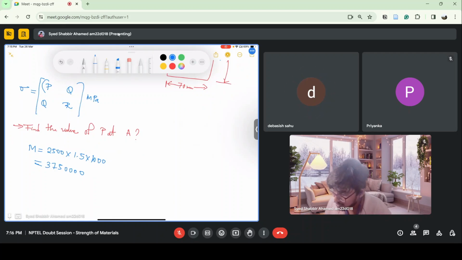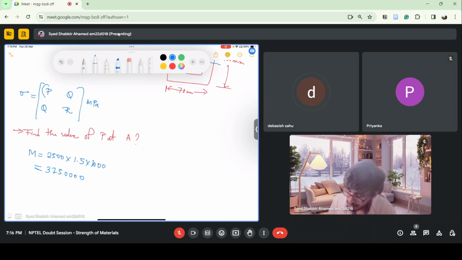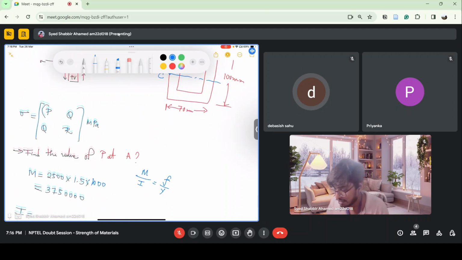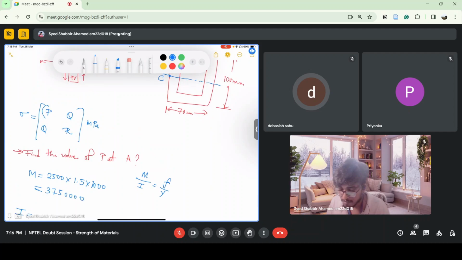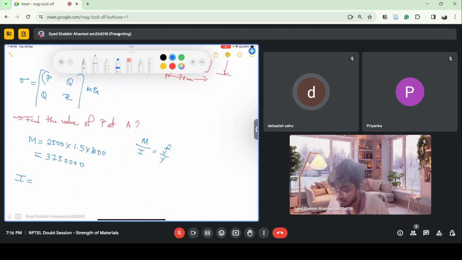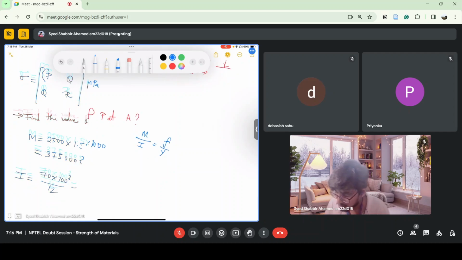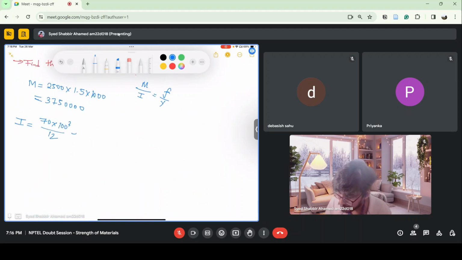Now I want the bending stress. For that, I have the flexure formula: M by I equals F by Y. I don't know I, so we will calculate I. I is the outer rectangle's moment of inertia minus the inner rectangle's moment of inertia, which is 70 into 100 cube by 12 minus 40 into 70 cube by 12.